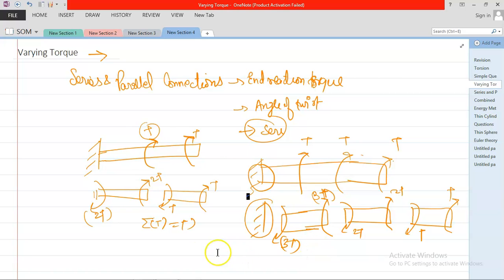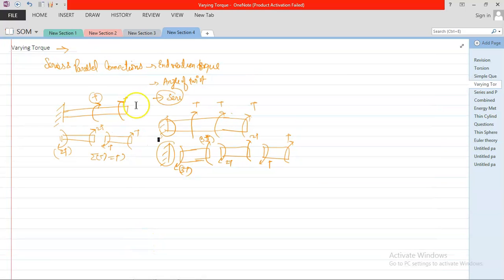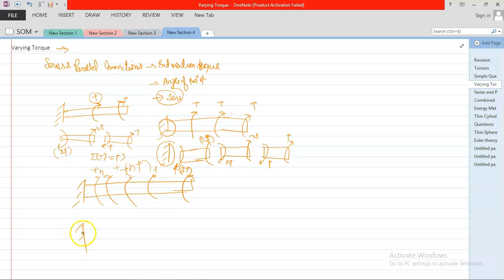Now suppose n torques are acting, n times torque, T1, T2 up to Tn. So at the end reaction you have an anti-torque at the end. Suppose this is a body, so divide it into n parts.